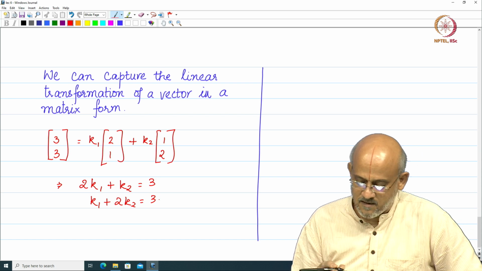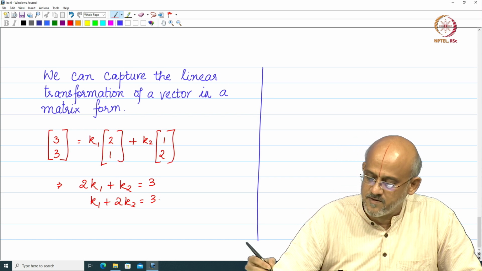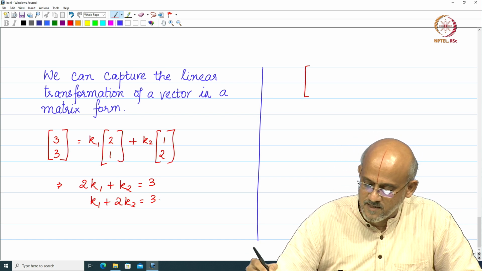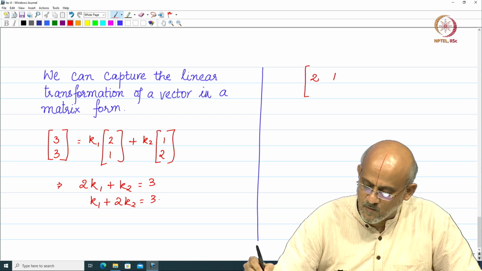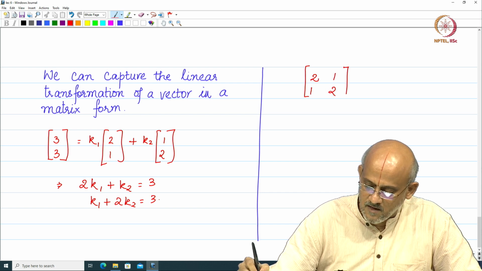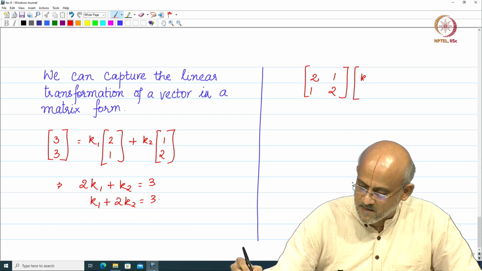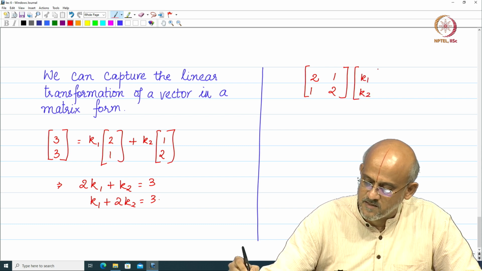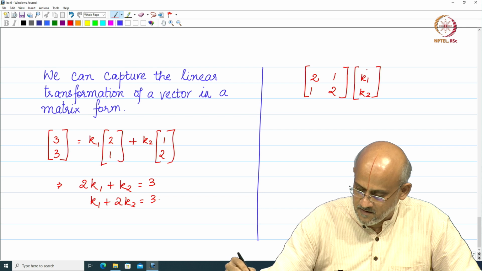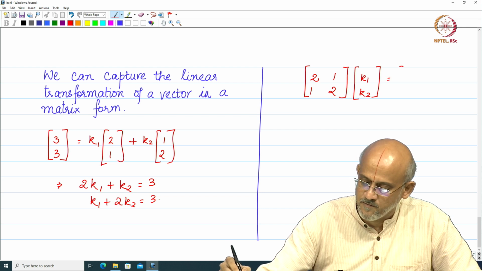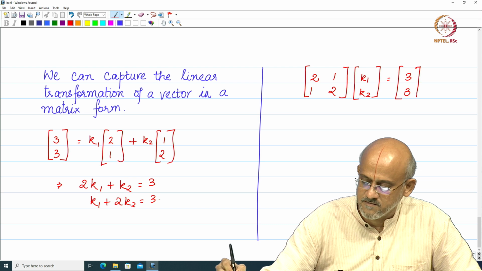This is again a system of linear equations which we have seen before. So I am going to write the coefficient matrix as [2 1; 1 2], and we are going to say that [2 1; 1 2] transforms this vector k, given by (k1, k2), and gives me a vector which is (3, 3), right.